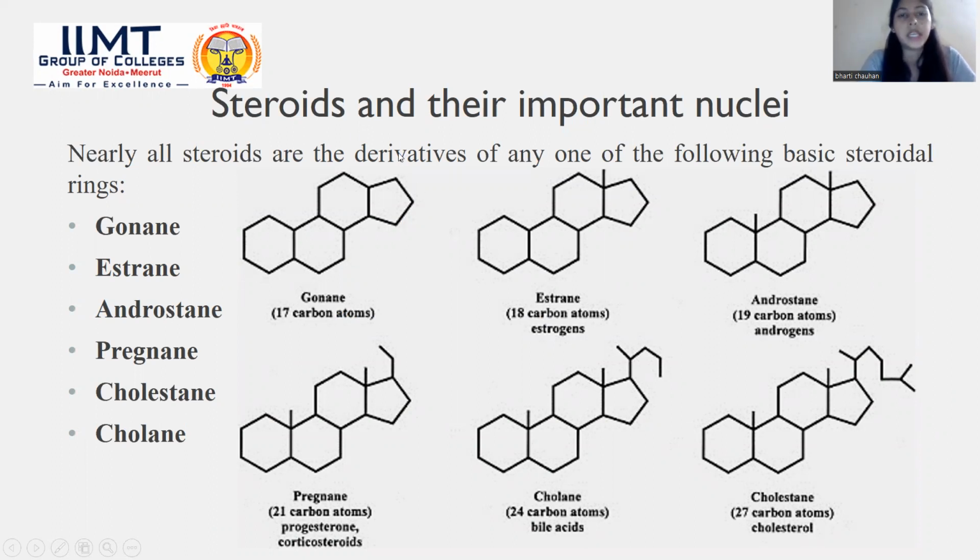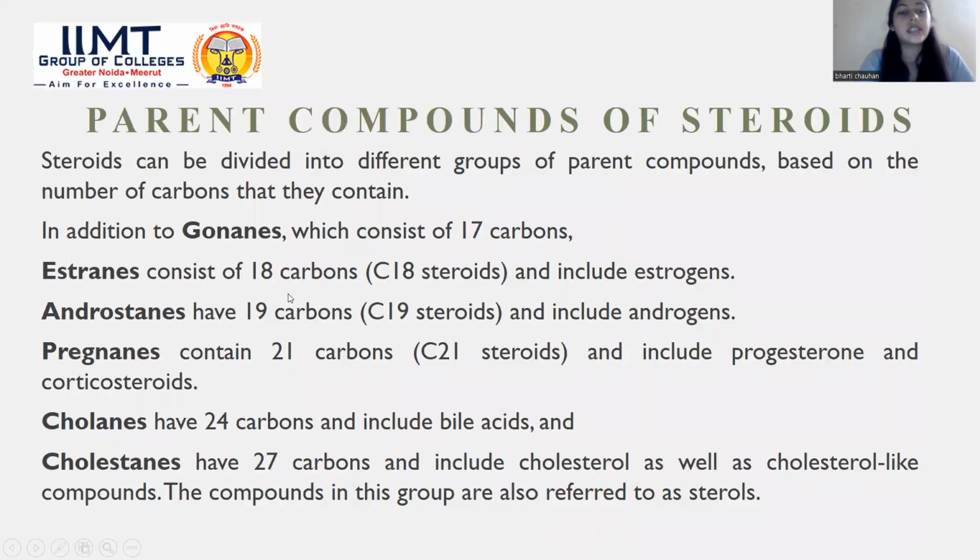First is gonane. This is the basic steroidal nucleus of the moiety, which contains 17 carbon atoms in its structure. Next, estrane consists of 18 carbons and includes estrogen. Estrogens are of three types, which are estriol, estrone, and estradiol. The carbon 19 nucleus is androstane, from which androgens like testosterone are made.